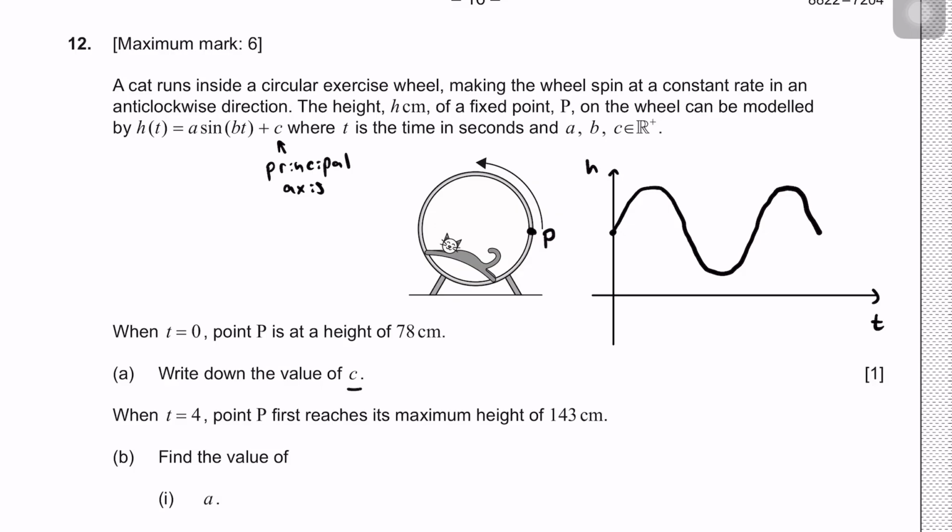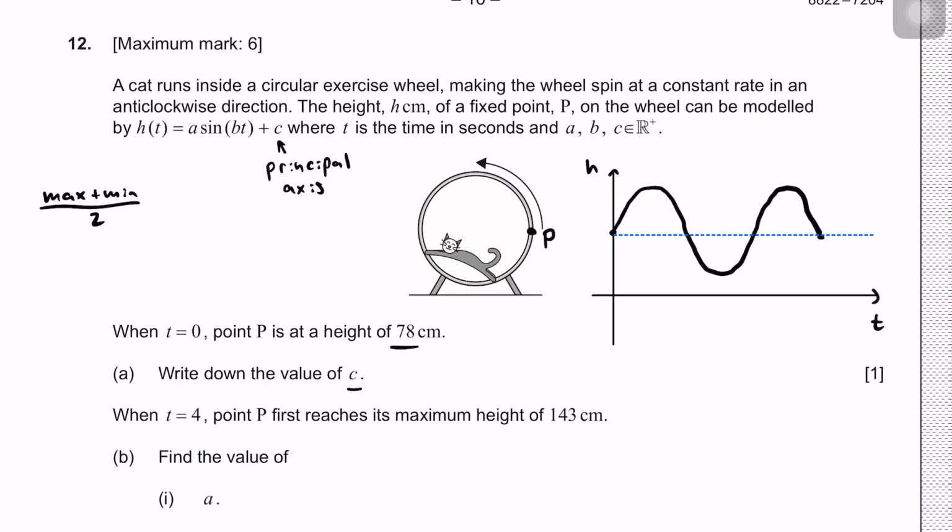Okay. And what is C in this case? C is what's called the principal axis, or you can kind of think about it as the midline or the average. So a few different ways that we could find this. If we didn't have this value given to us as 78 centimeters, the midline, you can also find it as max plus min over 2, essentially the average.